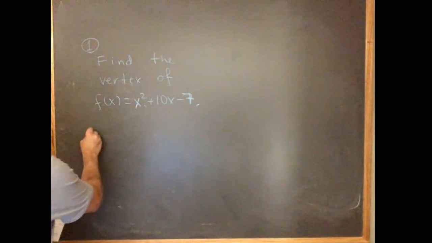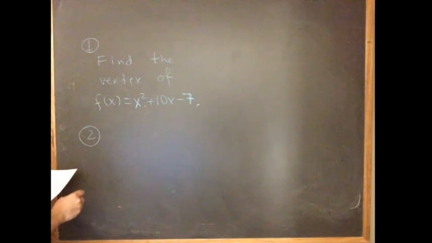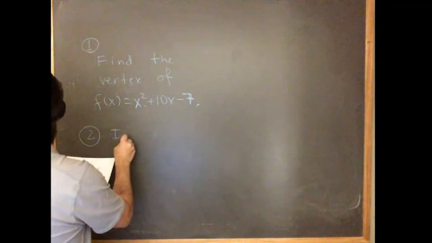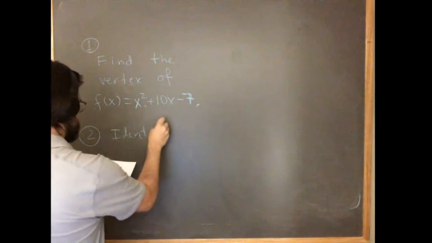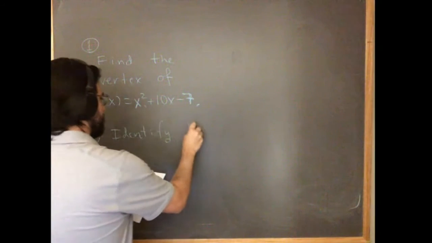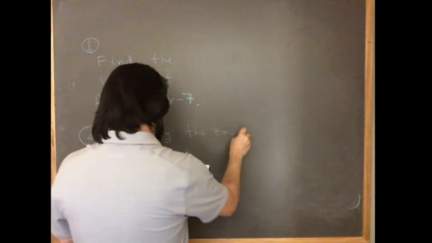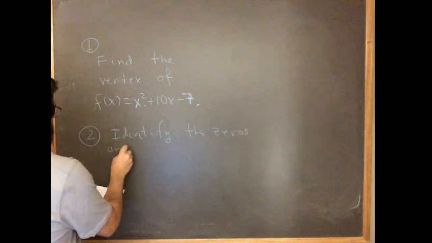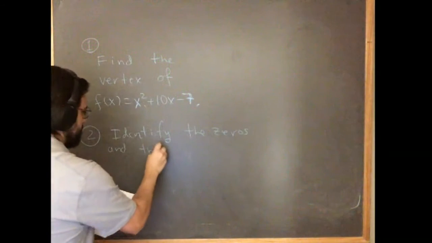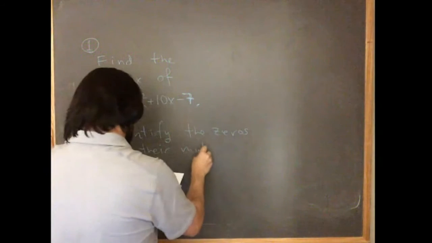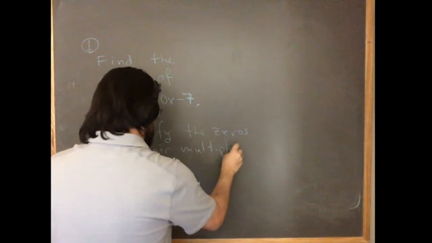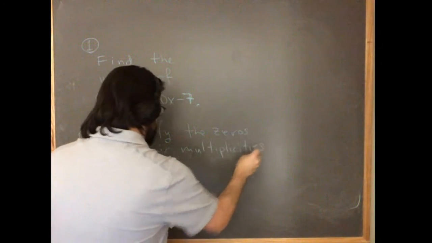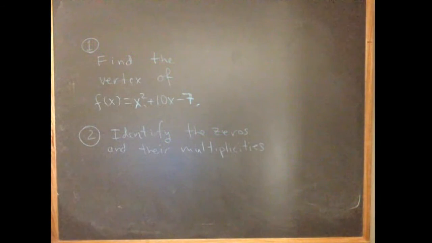Okay, so the next one is about multiplicities. So I would like you to identify the zeros first. And then their multiplicities. And in this case, I'm not going to give you a graph.